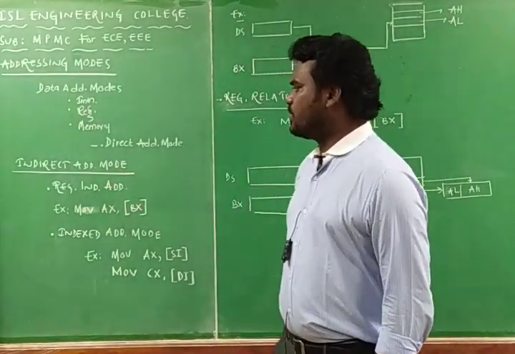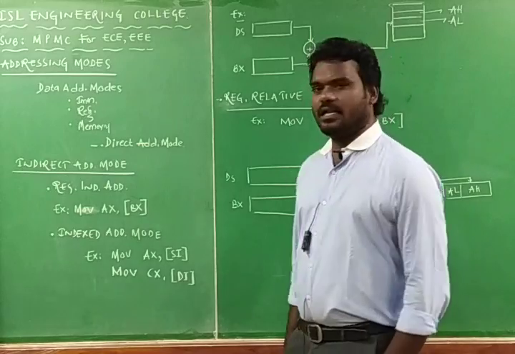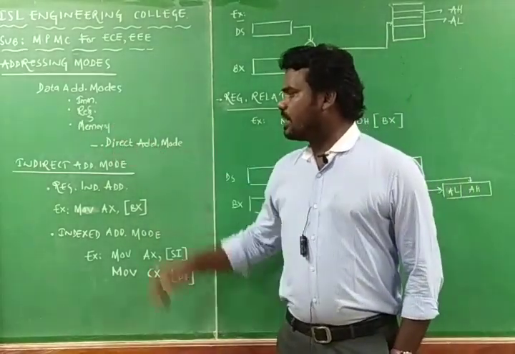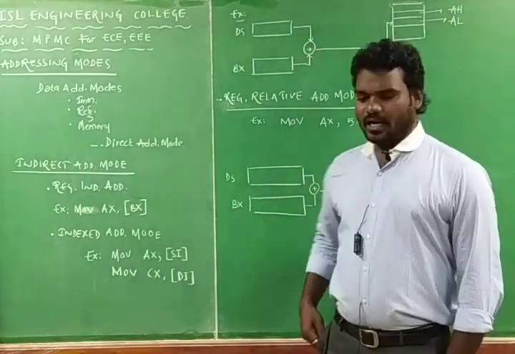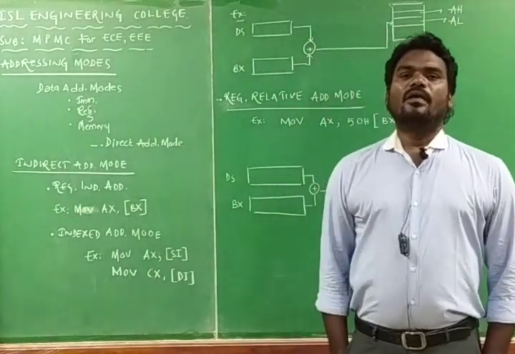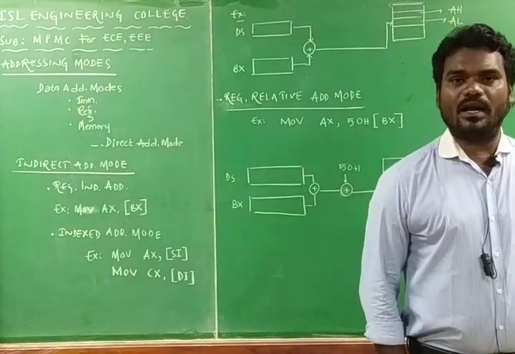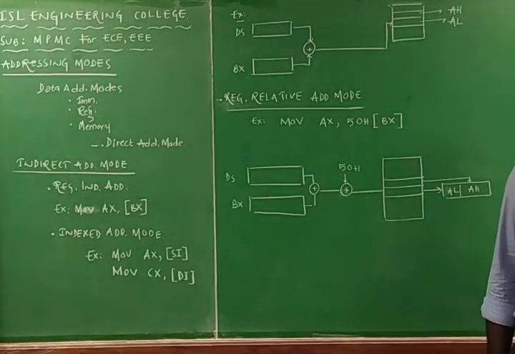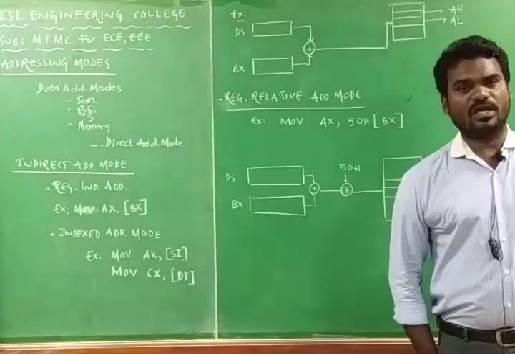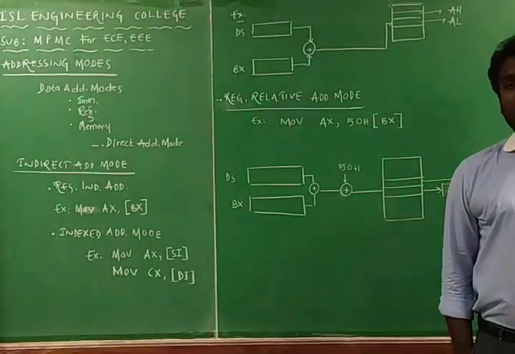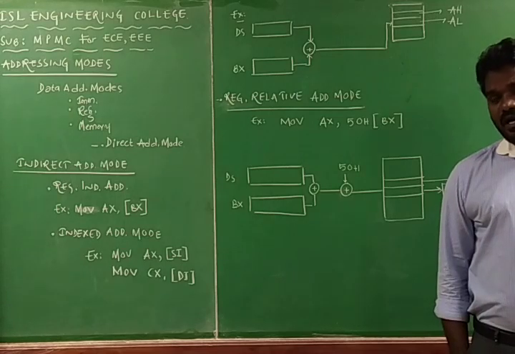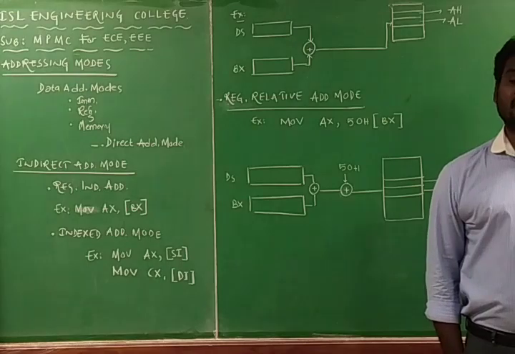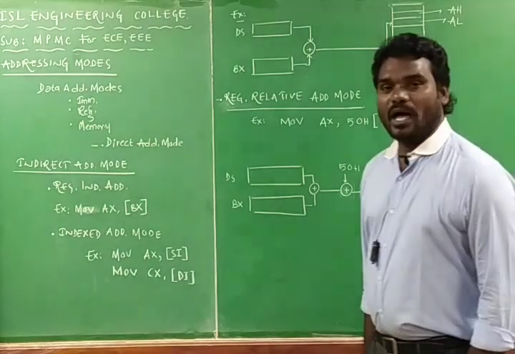Now in this class I am going to talk about indirect addressing mode, which comes under the memory addressing mode. Indirect addressing mode means the location of the operand, that is, the offset address, is specified in the instruction indirectly to access the memory.